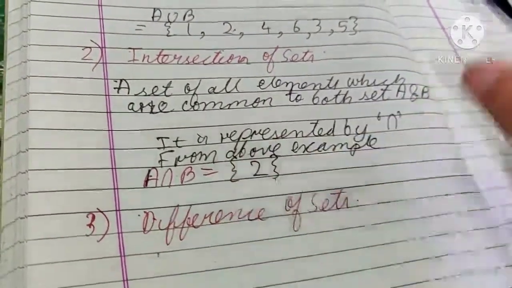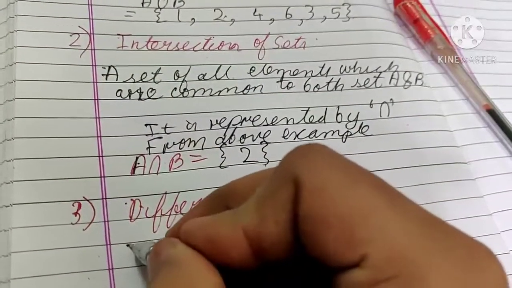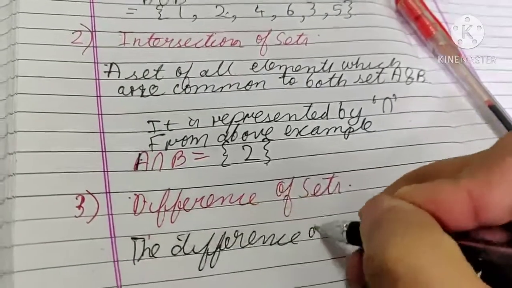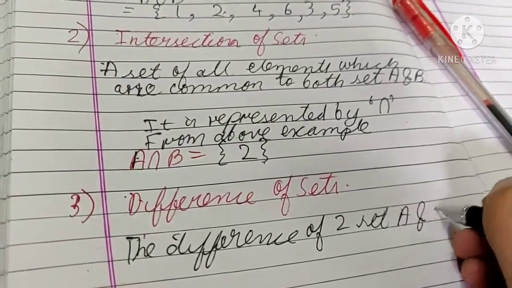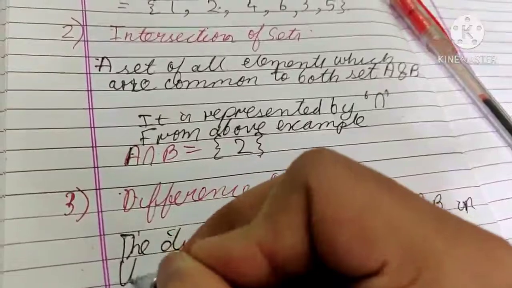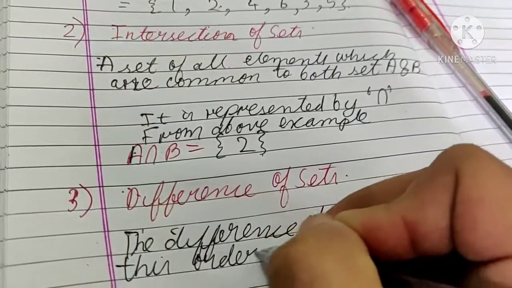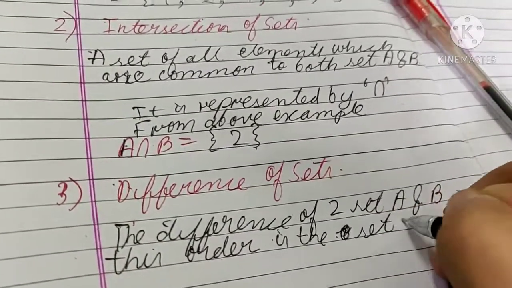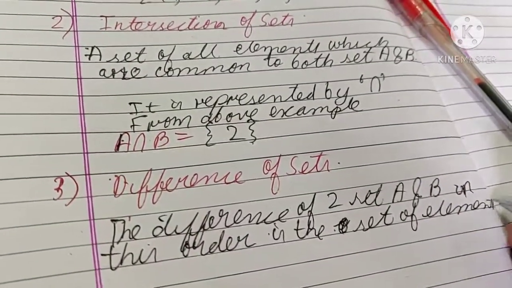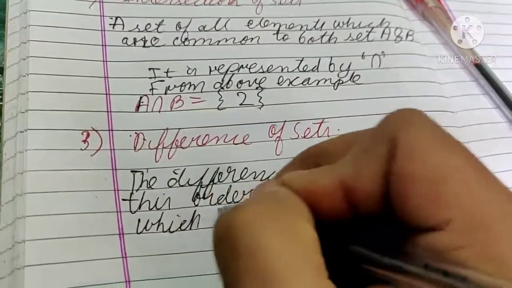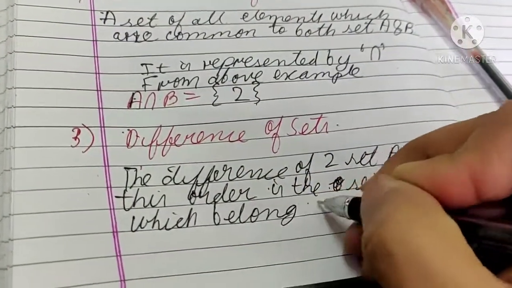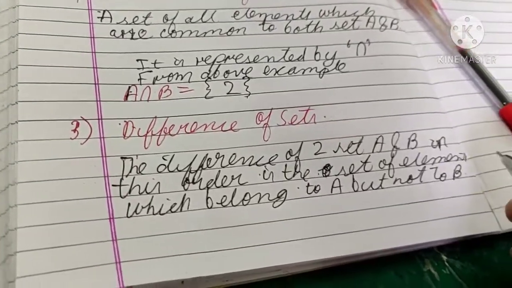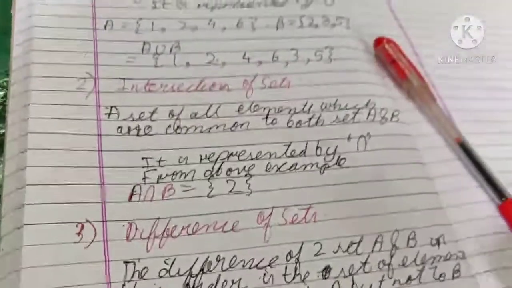Like here, in our example, the difference of two sets A and B in this order is the set of elements which belong to A but not to B. Okay, we have to take a set that belongs only to A but not to B.